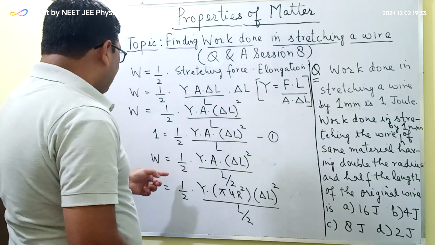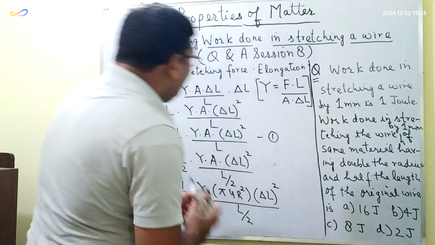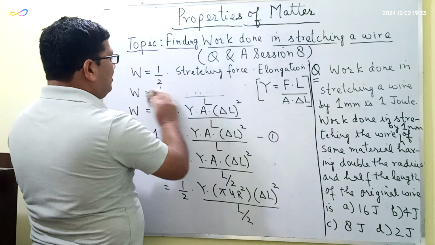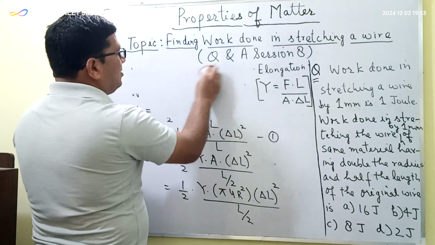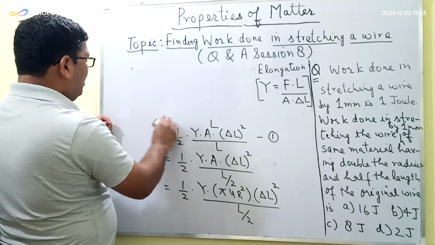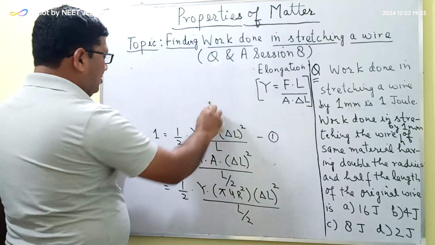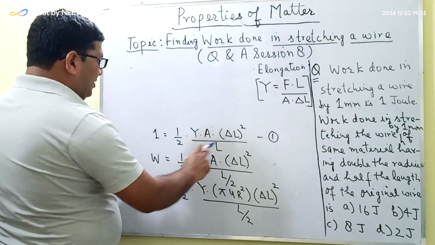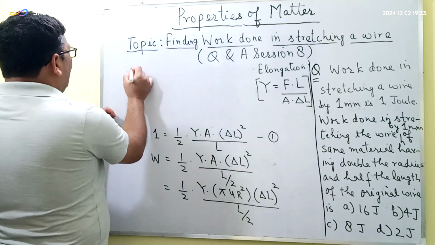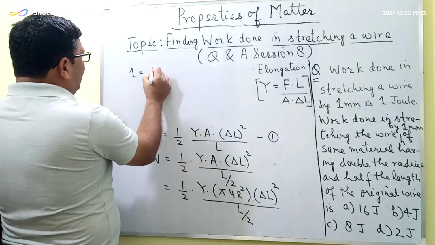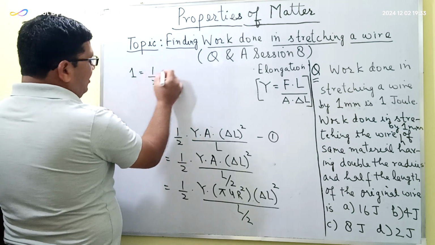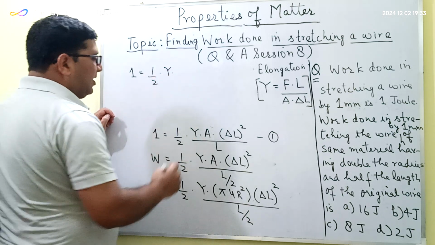Now in the first wire, when the work done is equal to 1 joule, the area of cross section will be equal to pi r square, where r is the radius of it.